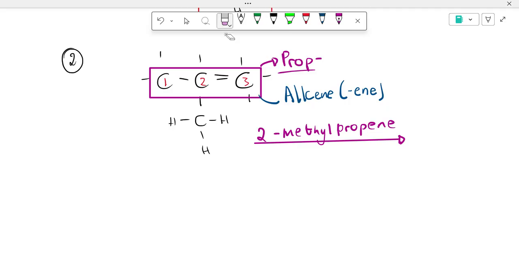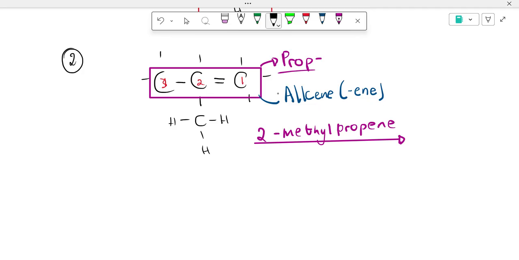At the end of the day, the double bond is still on carbon number one, regardless of where I put it. Because if I put it on the right-hand side, that means I need to start counting from this side. So this then becomes carbon number 3, number 2, and number 1. And then this still becomes prop-1-ene, right?